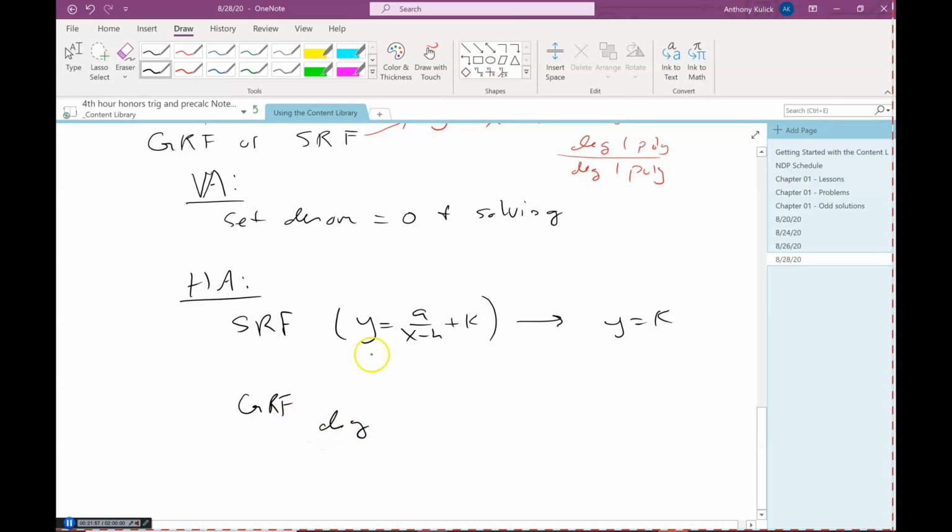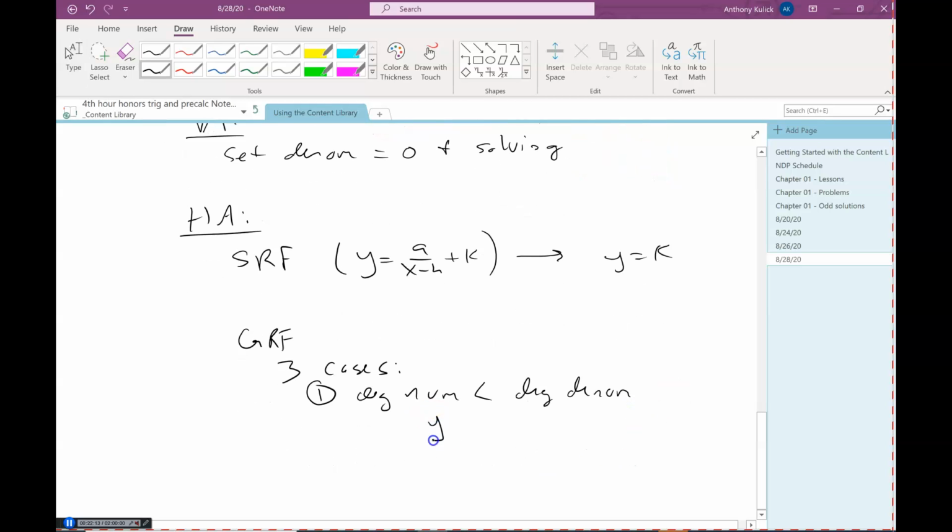So you had 3 cases. The first case, when the degree of the numerator is less than the degree of the denominator, you had asymptote or end behavior, but in this class we're just calling it an asymptote at y equals 0.